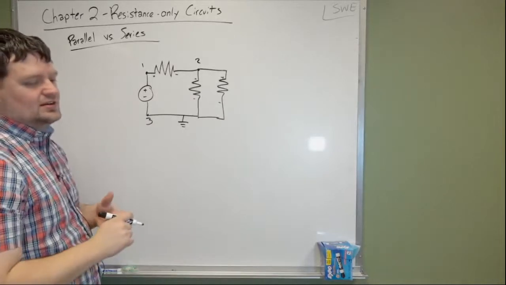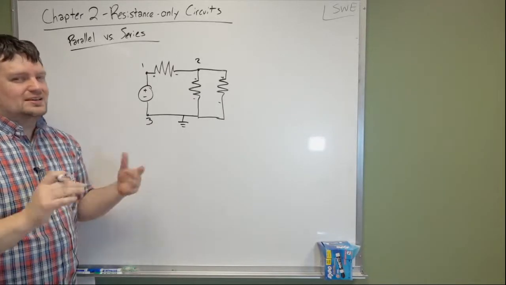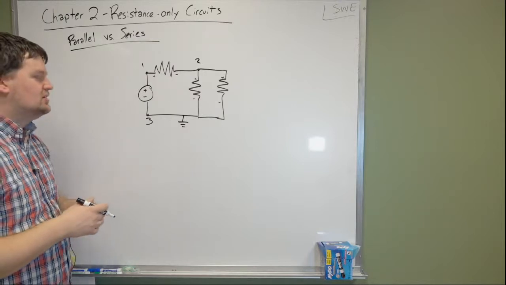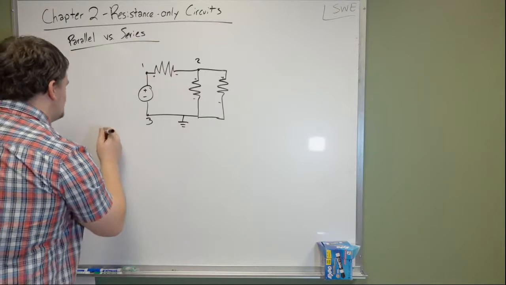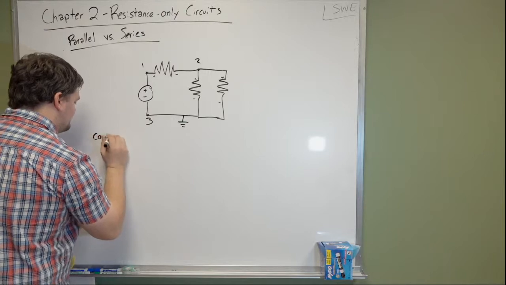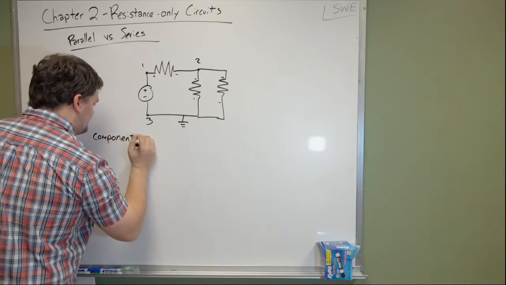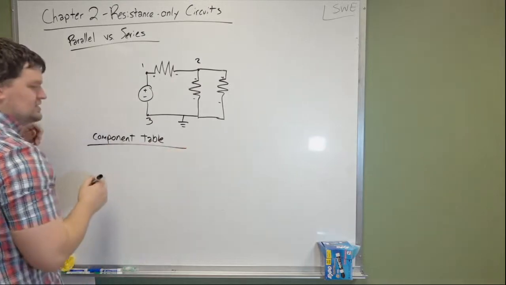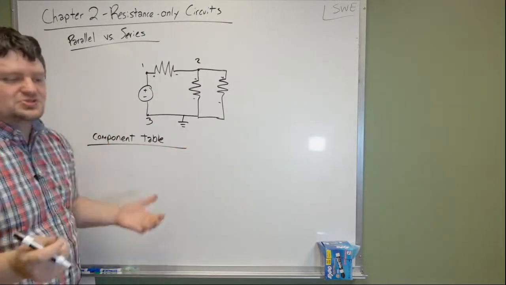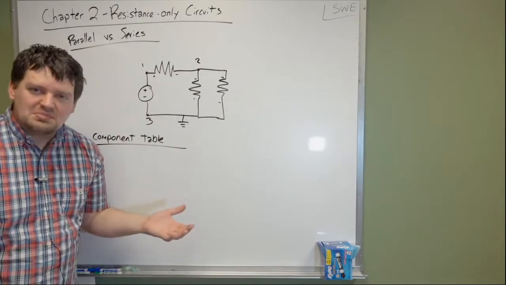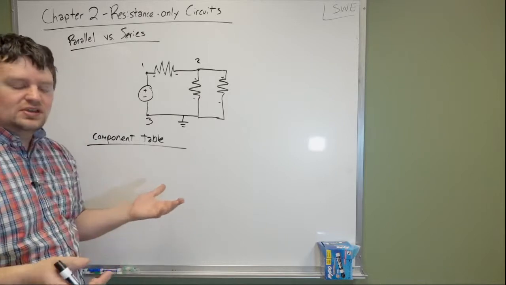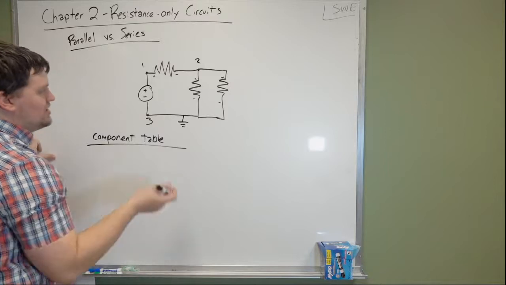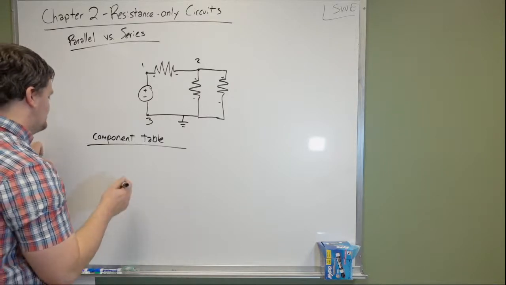One of the analytical tools that I like to use to show students at the very beginning is to create a component table. I don't do these a lot because it's kind of a waste of time, if I'm honest. But it's a good way of teaching how we understand series versus parallel.